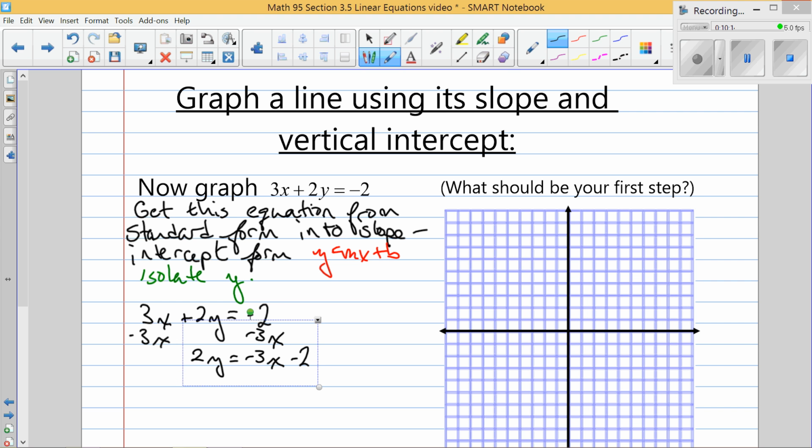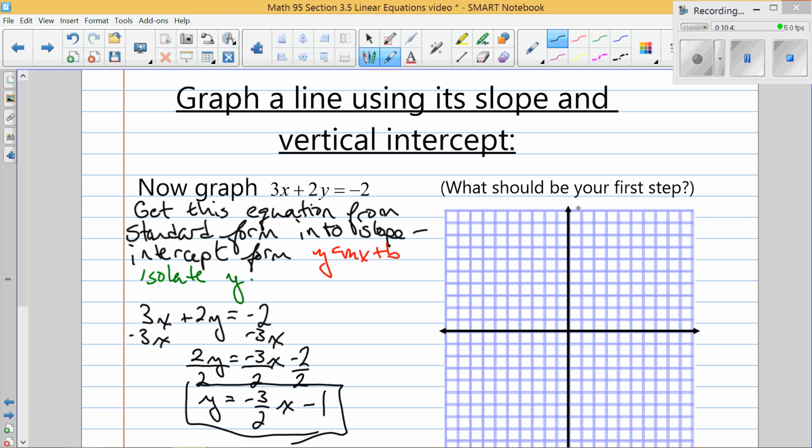And then on that equation, I'm going to divide everything by 2. And I wind up with y equals negative 3 halves x minus 1. This is the equation that I'm going to graph. It's the same line as the one we were presented with at the beginning, but now it's in a graphable form.